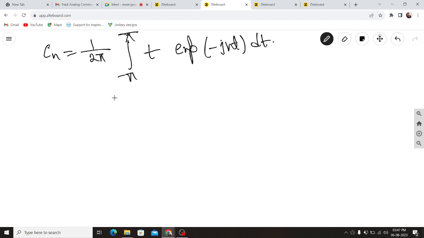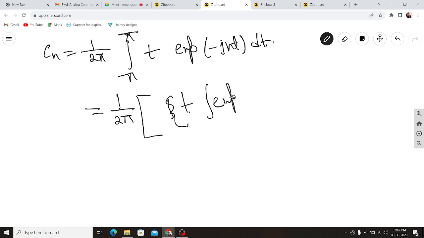So it will be equal to 1 by 2π, and we just do the integration by parts and substitute the limits.